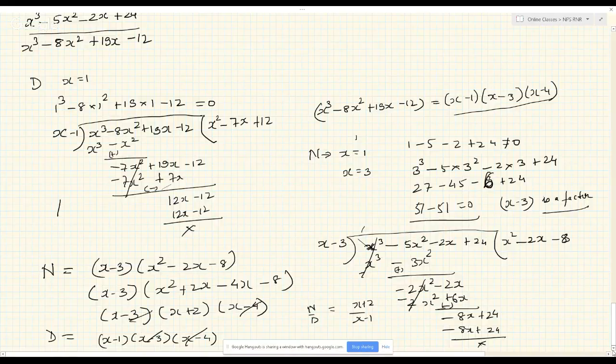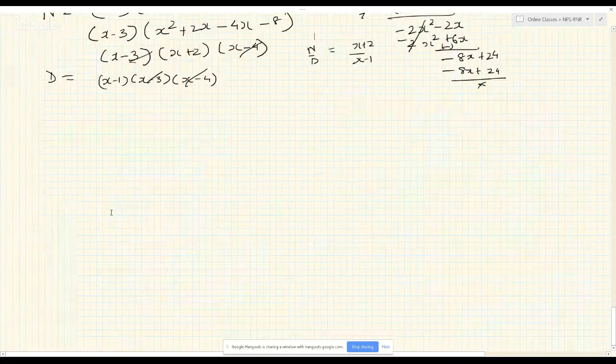So let me give you this problem to solve. Solve the pair of linear equations now.